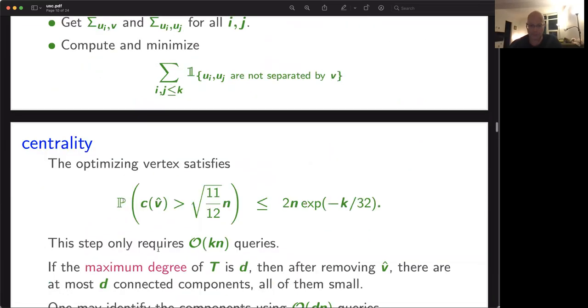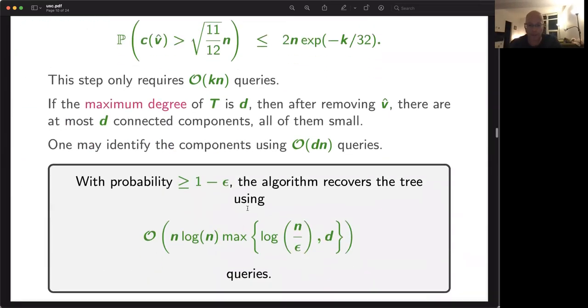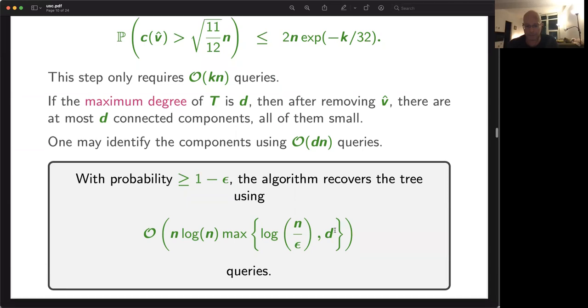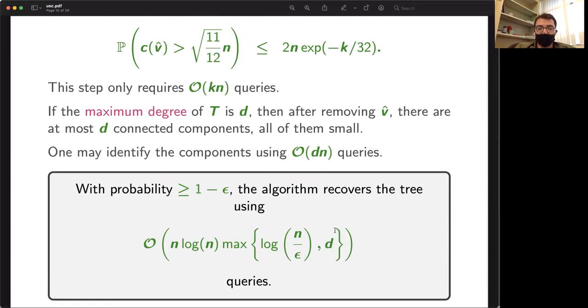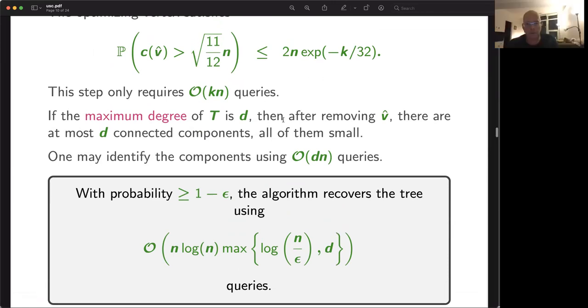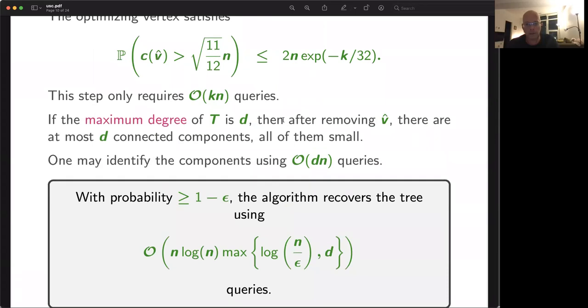So this is n times k times 3, the number of times we have to use the oracle to compute this. And then we will have the graph after just n times polylog of n times d steps. The polylog comes from comparing all pairs of vertices in a sample, so it's like poly of k, like k squared.